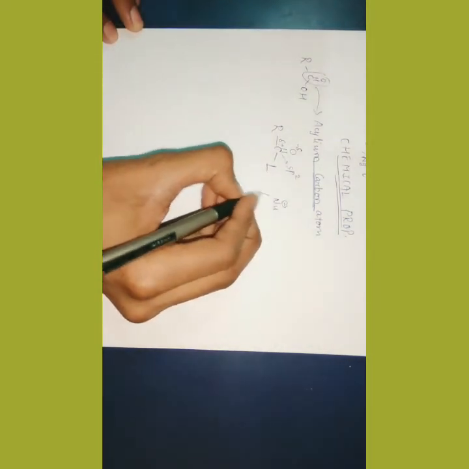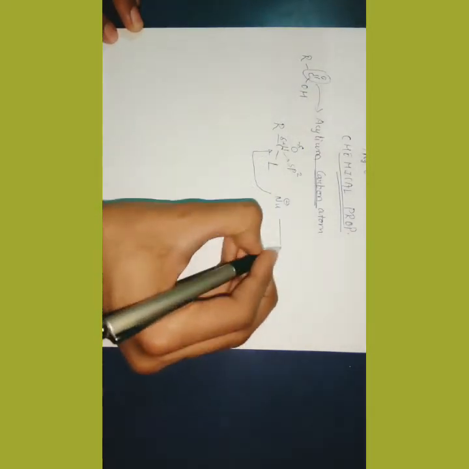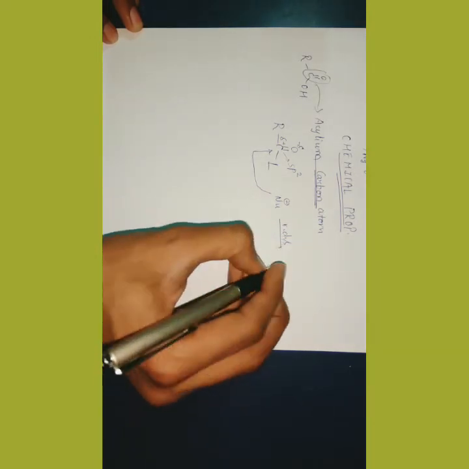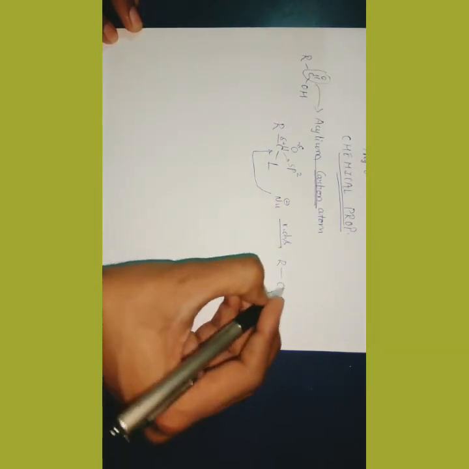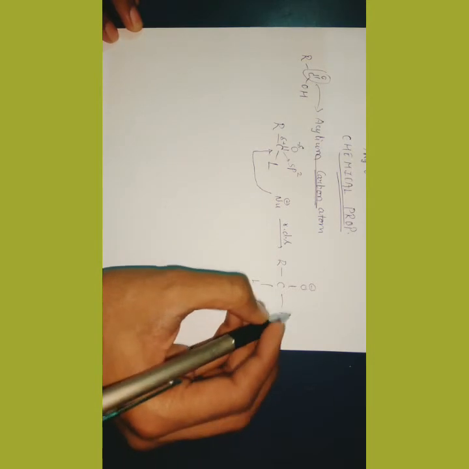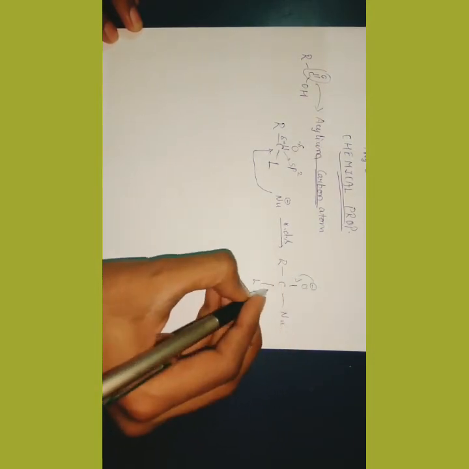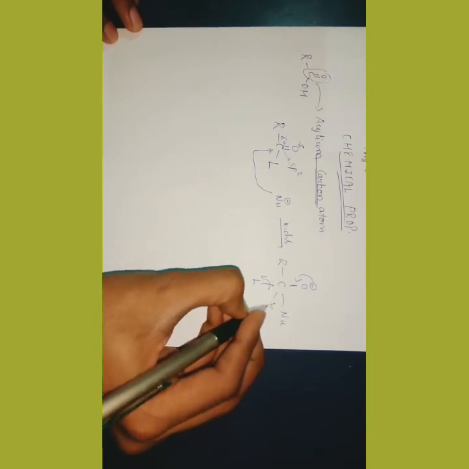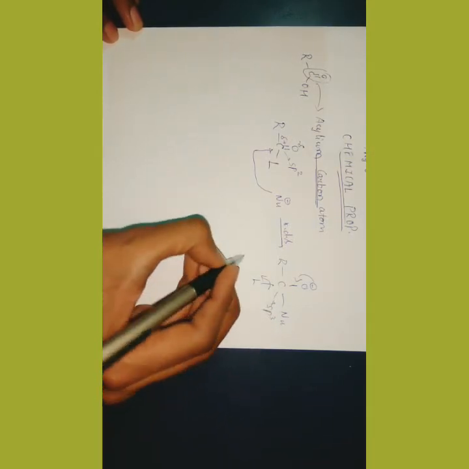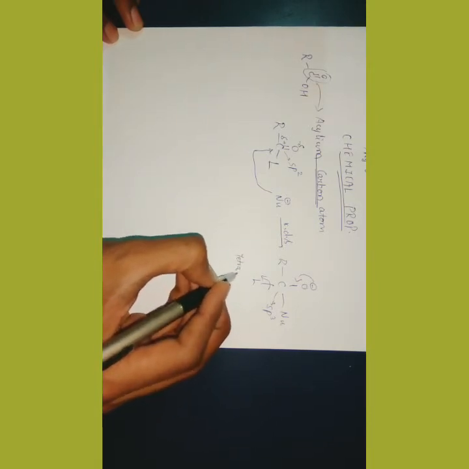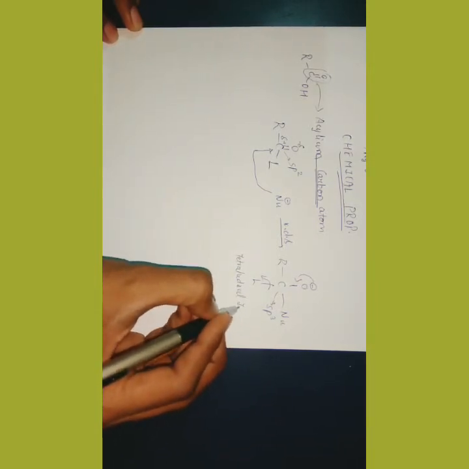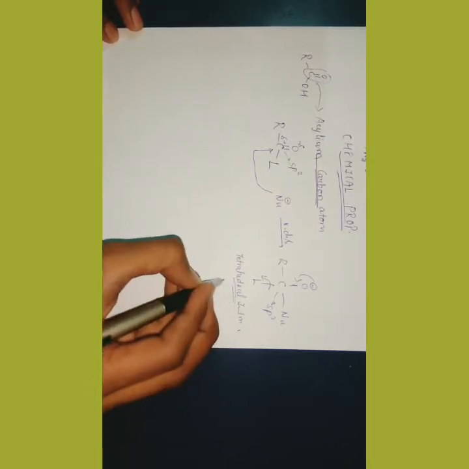The nucleophile attacks the carbon, and the rate determining step will be the first, that means addition of the nucleophile and removal of the leaving group. It will form something like this. The nucleophile comes, this negative charge will come over here, the leaving group will be removed, and this is the sp3 carbon atom. This is the tetrahedral intermediate, and on further reacting it will give RC double bond O with Nu.